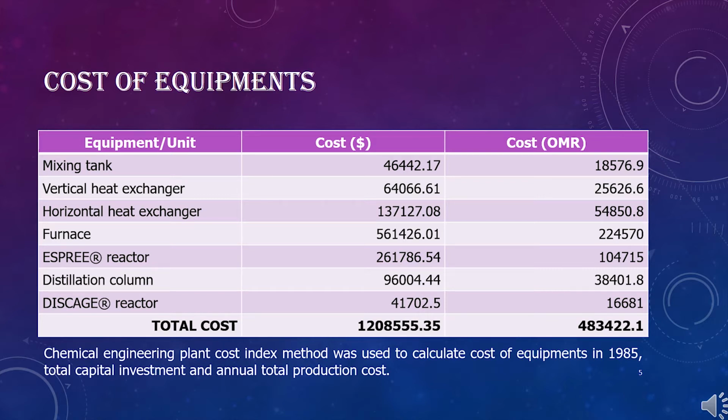The major equipments involved in manufacturing PET are mixing tank, vertical heat exchanger, horizontal heat exchanger, furnace, spray reactor, distillation column, and disc cage reactor. So the size of each equipment was calculated and the cost of each equipment calculated.